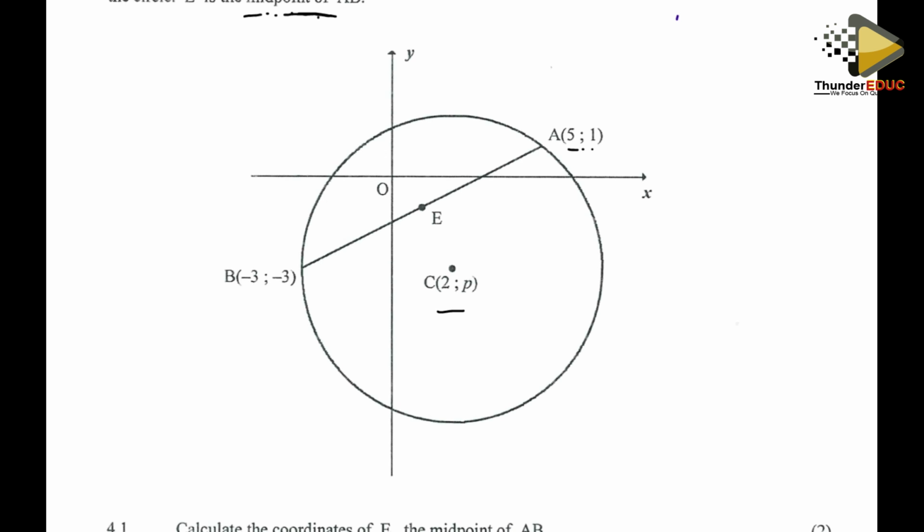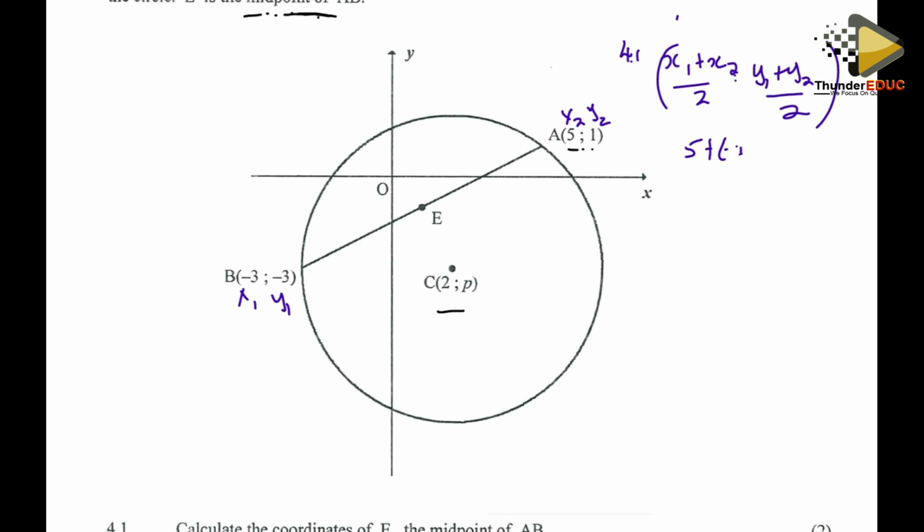So we're just going to have to use the midpoint formula. We know the midpoint formula is (x1 plus x2) divided by 2, and then (y1 plus y2) divided by 2. So if I call this my x1 and y1, this is my x2 and y2. Then I get 5 plus -3 divided by 2. The order does not matter, guys.